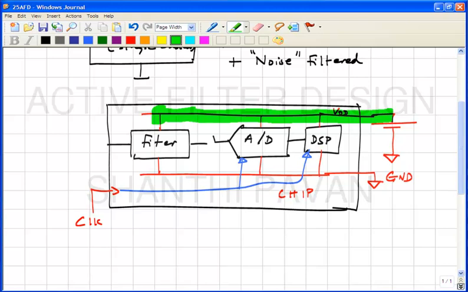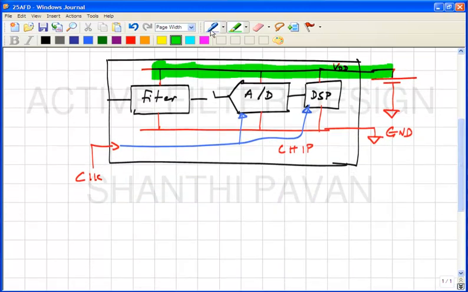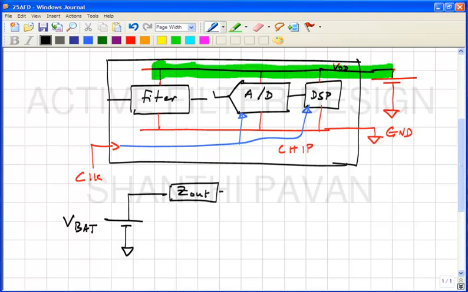See, please note that this is the battery. All right, there is some output impedance Z out, and the load the battery is driving can be thought of as a current source, which is demanding current in the form of spikes, right.